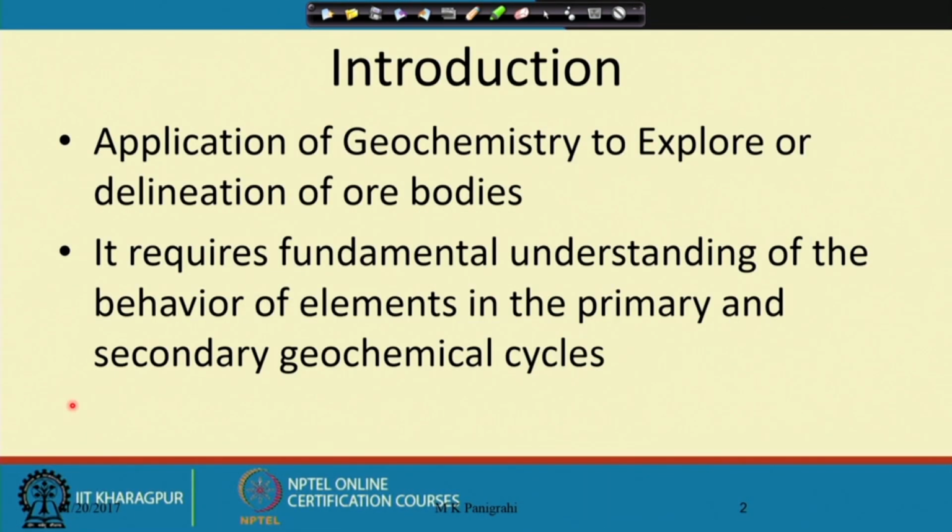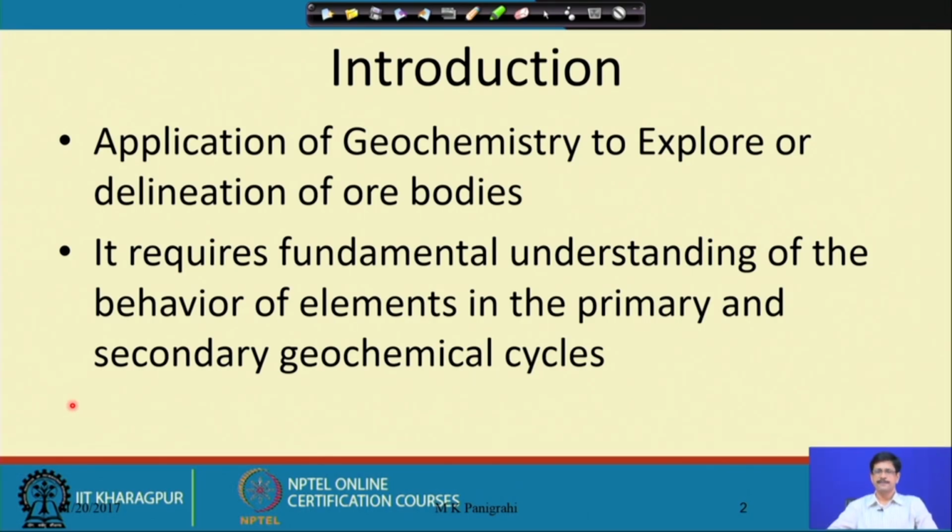As we discussed before, this is the application of geochemistry to explore for or delineate hidden ore bodies which are lying under cover, and it requires fundamental understanding of the behavior of elements in the primary and secondary geochemical cycles. The primary geochemical cycle is the first stage of formation of the ore bodies by the process of either magmatic fractionation or hydrothermal deposition.